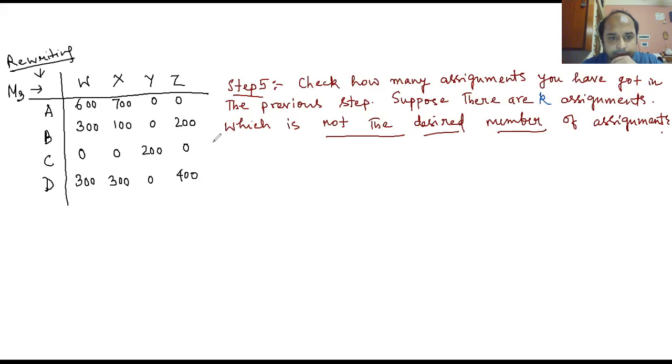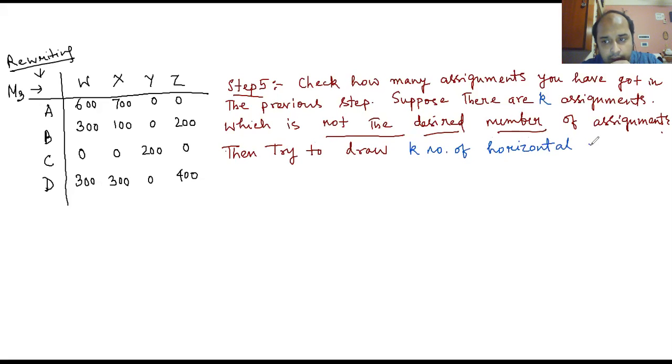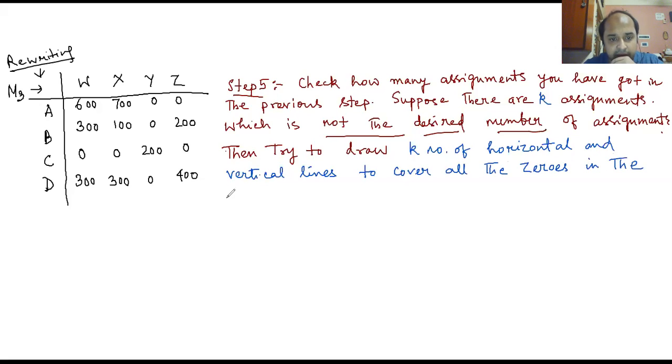Then try to draw small k number of horizontal and vertical lines to cover all the zeros in the matrix M3. This is the step. So I'm going to perform this step.